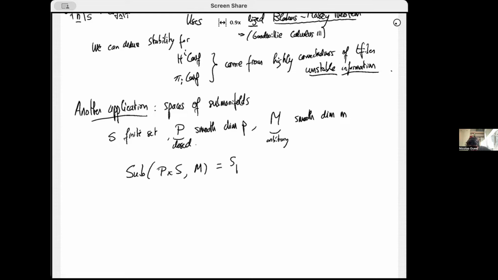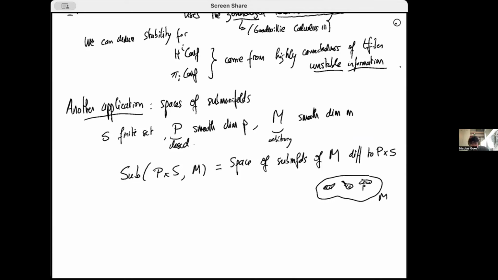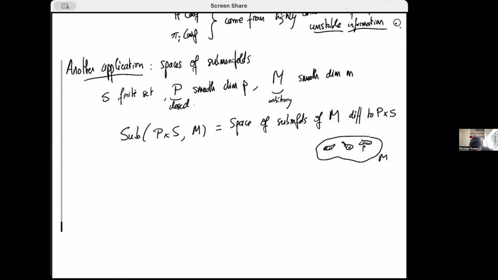This will be the space of submanifolds of M which are diffeomorphic to P times S. So it's really the space of embedded copies of P inside M. And one can ask, if M is open, so if I have a boundary, there are, as always, stabilization maps, as in the case of configuration spaces.